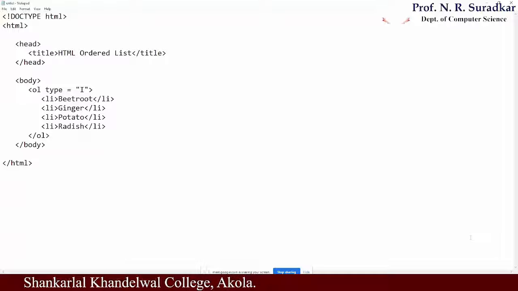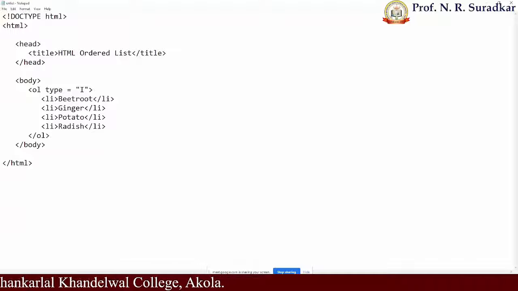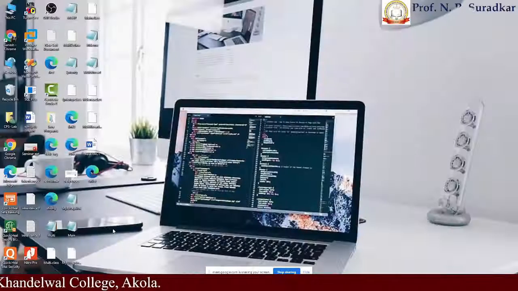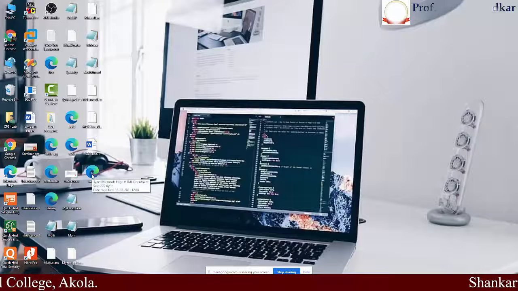Save the file or Ctrl S, whichever you prefer. Then minimize it. After minimizing it, again go to the unlist web browser or web page. Let's see here. 1, 2, 3, 4.